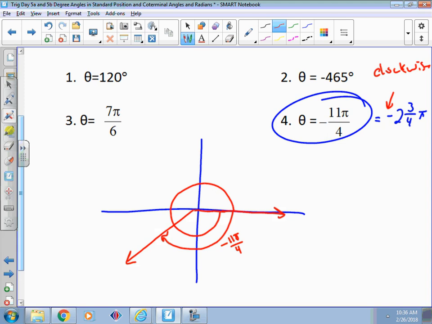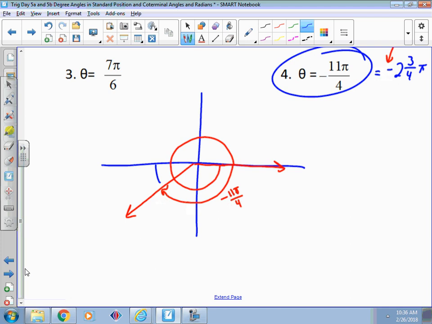That's equivalent. Let's look at this reference angle. How big is that reference angle? I don't think they asked me for that, but let's just talk about it. Remember, I went negative 1 pi, negative 2 pi, and then I went 3/4 of another pi. So how much is left must have been 1/4 of a pi.